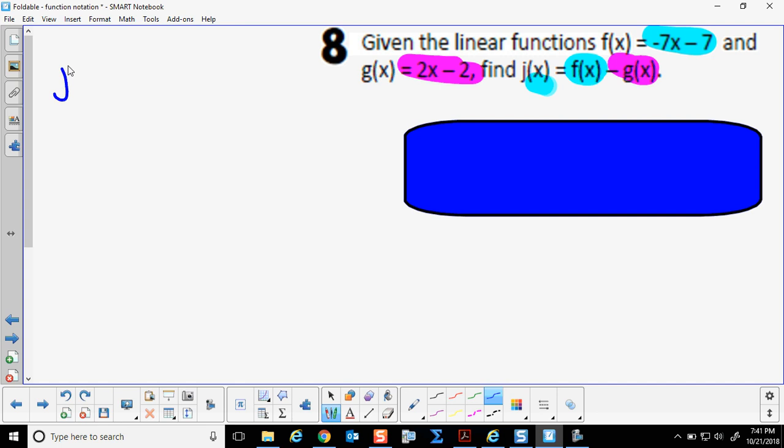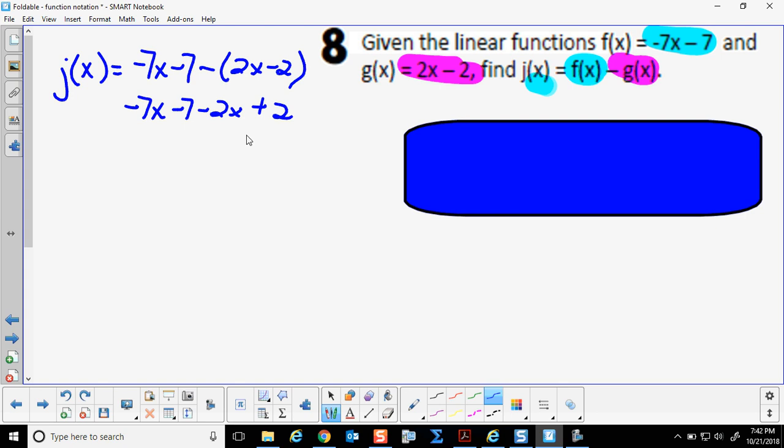So j of x equals negative 7x minus 7 minus g of x, so minus the quantity 2x minus 2. So negative 7x minus 7 minus 2x plus 2. Negative 9x minus 5 is j of x.